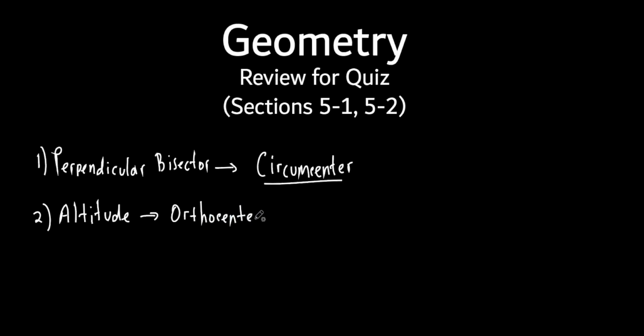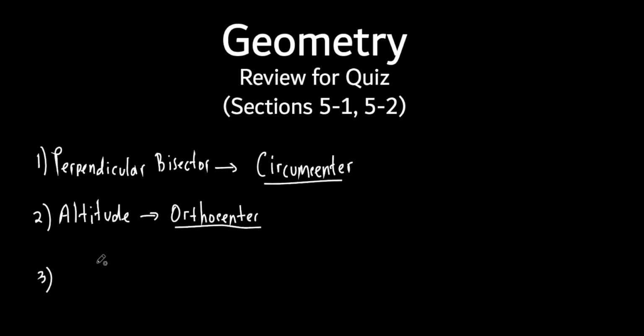That's your answer. Again, it's probably not going to be in this order. I'm going to mix up the order a little bit so you don't just memorize circumcenter, orthocenter, boom, boom, boom. You've got to know what it goes with. That's what I'm concerned about: that you know circumcenter goes with perpendicular bisector, and orthocenter goes with altitude.